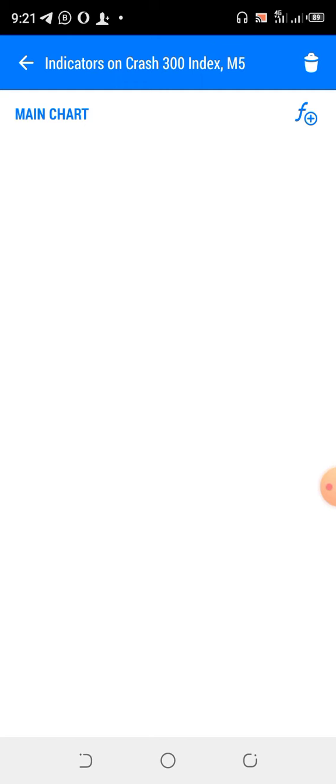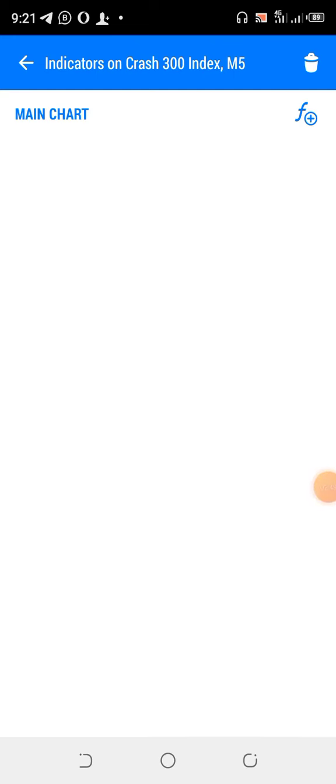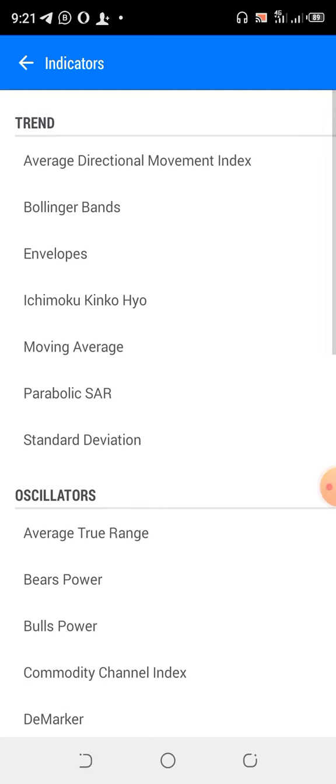So for newbies, you touch here. All right. So if you touch here, the first thing we are adding is on the window, the main chart.